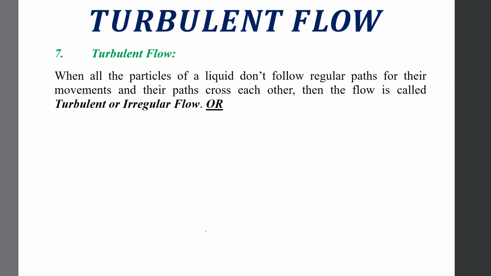So the turbulent flow is also named as irregular flow. For this flow, Reynolds number is greater than 4000. If from your formula calculation you get Reynolds number to be greater than 4000, then you can classify this flow as turbulent flow.